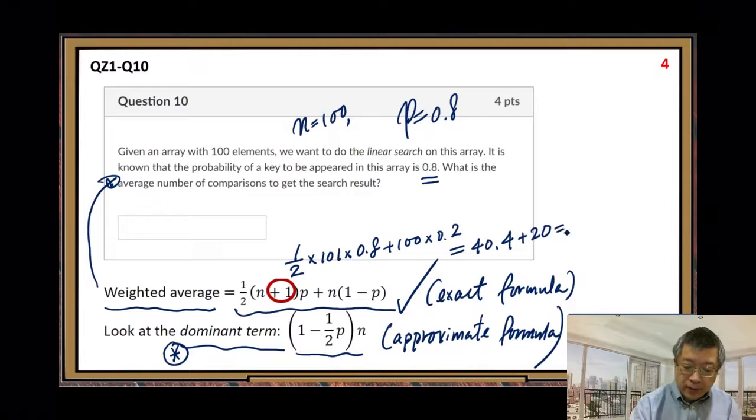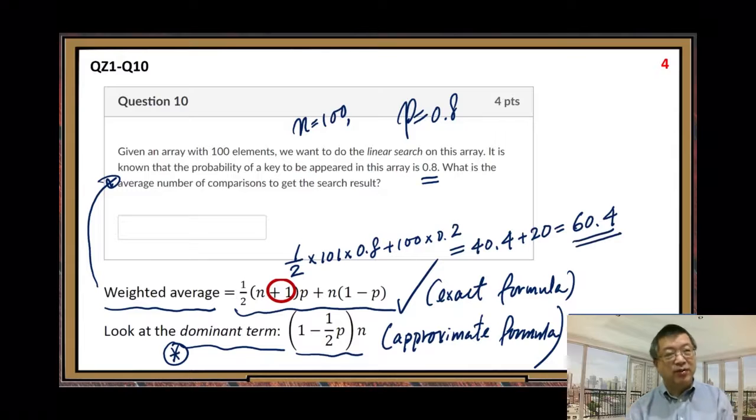So you get 60.4. I hope my computation is not wrong. Let me double check. Yes, 40.4, plus 20, 60.4. By the first formula, we get 60.4.